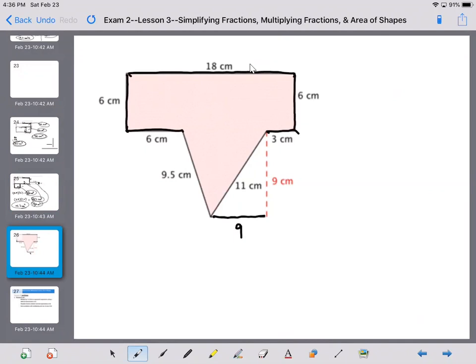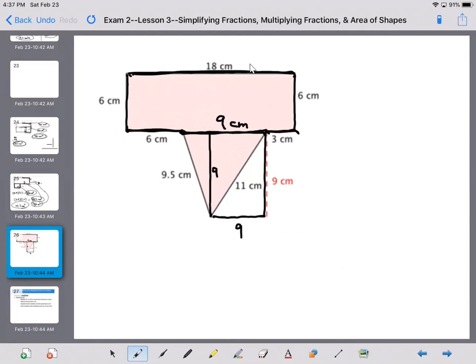We're saying this is 9, so that height has to be 9. And if this is 6 and this is 3, then this has to be 9 in order to match the 18.